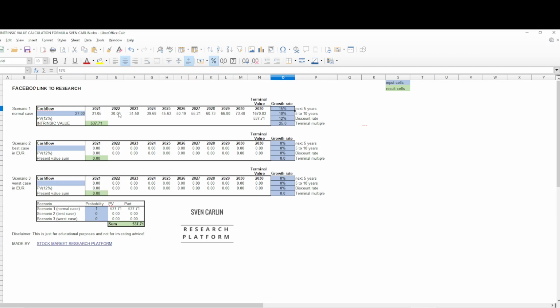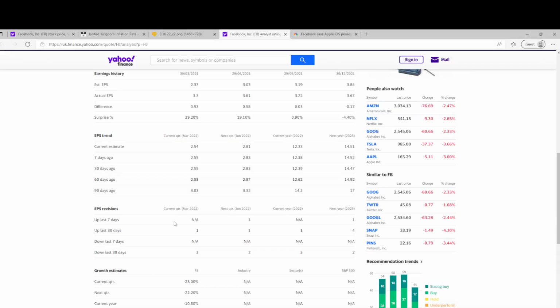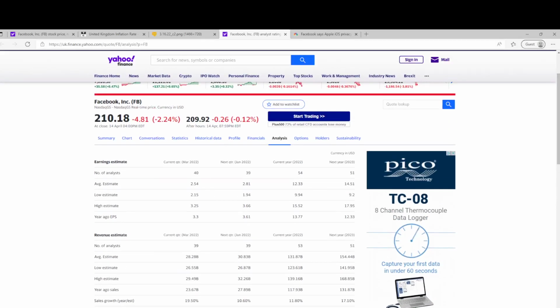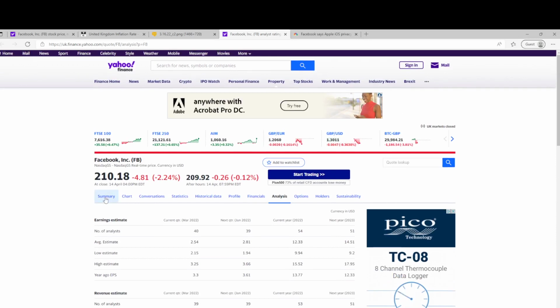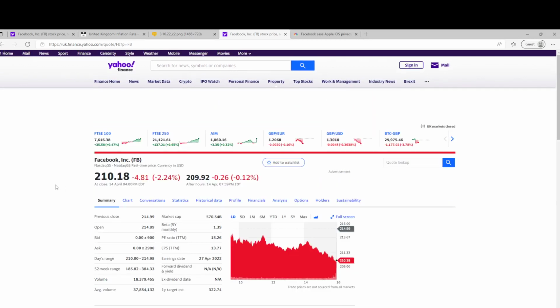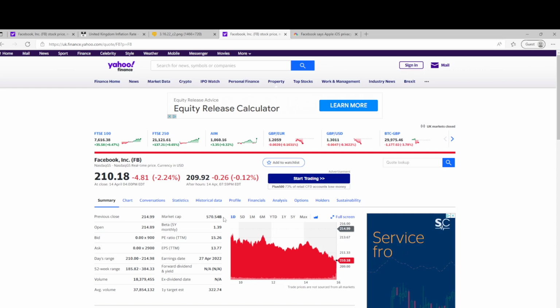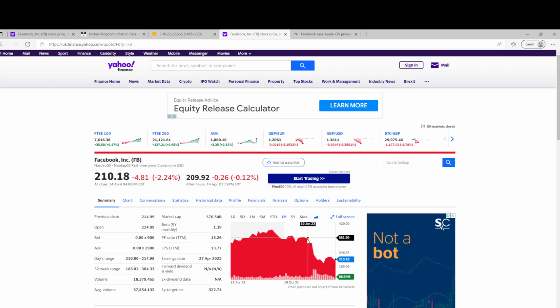But if we kept the same growth rates and the same terminal multiple, that coincidentally comes to 537 billion. So obviously this is a very, very basic analysis, but that brings you down to, say, $570 billion.